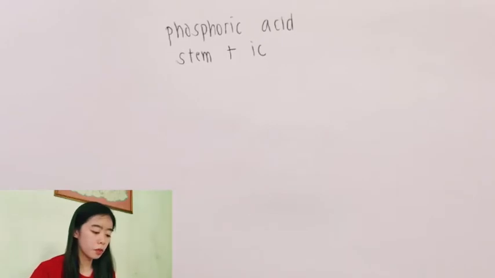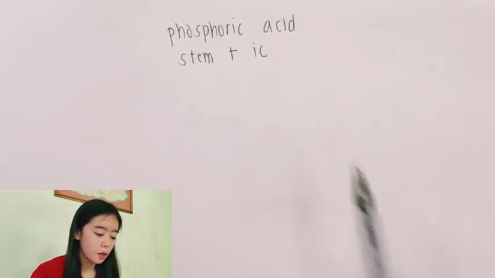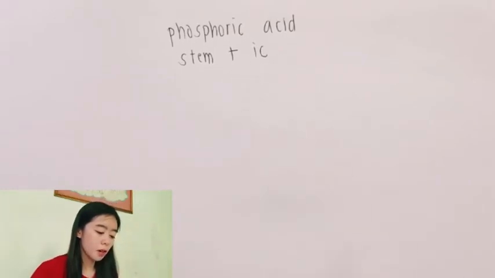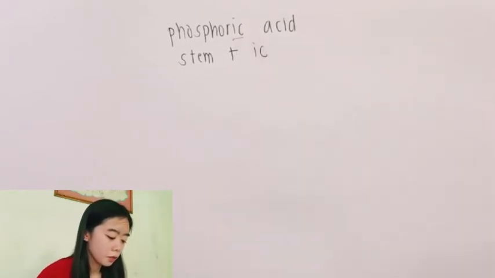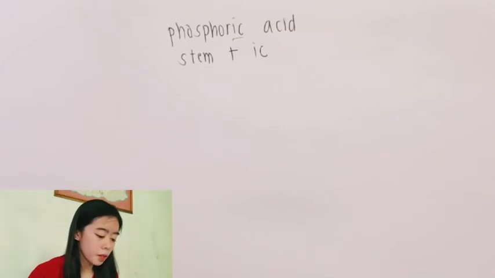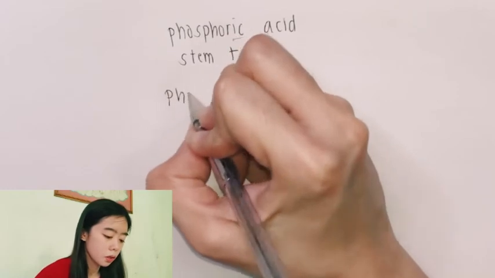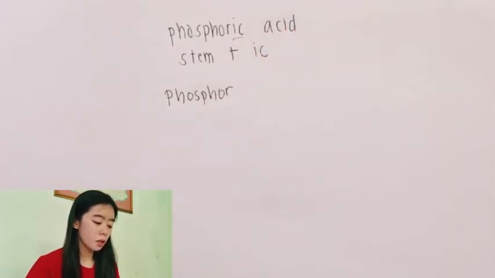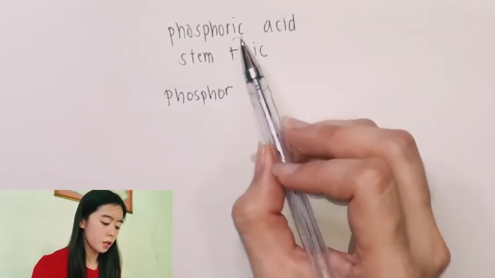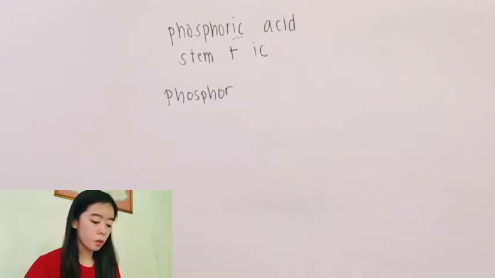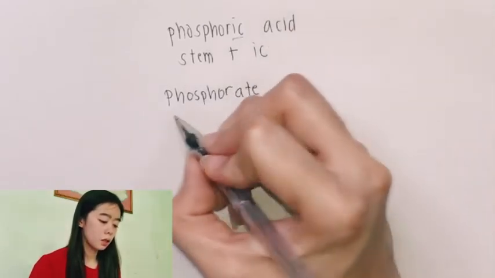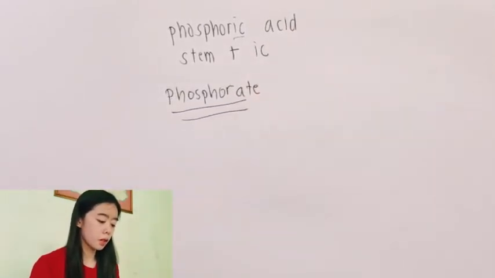To write the formula for phosphoric acid, we look at the stem plus IC, so we have IC here. First, we will write the stem of phosphoric, and that is phosphor. Next, instead of having IC at the end of it, we will write ATE, and that is phosphorate.